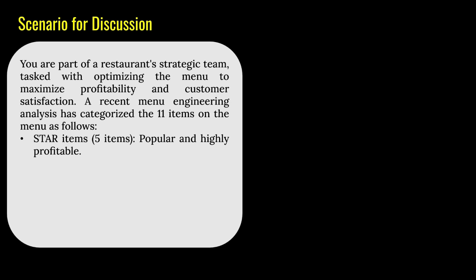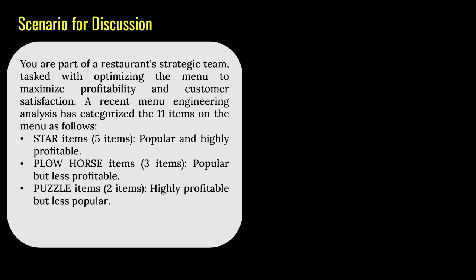Star items, 5 items, popular and highly profitable. Plow horses, 3 items out of the 11, popular but less profitable. Puzzle items are 2, which are highly profitable but less popular. And finally, the dog, 1 item, which is not popular, not profitable. So altogether, these are your 11 items. This is your understanding from your analysis.